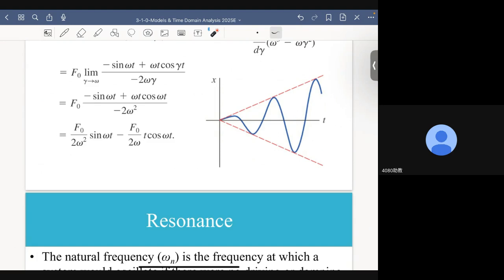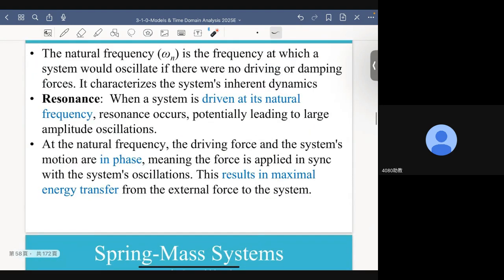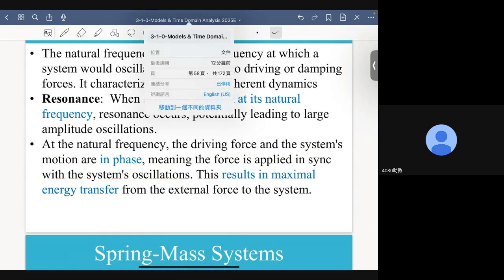But why? The reason is very simple. At the natural frequency, the driving force and the system motion are in phase, meaning the force is applied synchronized with the system acceleration. Let's say the system moves up and down at its natural frequency.